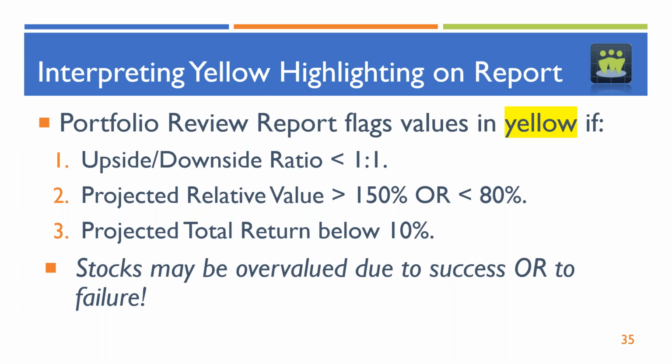We want to reduce them a little bit and have a lower expectation of a high PE in the future. The same thing on the low PE side. So the projected relative value compares the current PE to the projected PE as it's calculated using your future high and low PE ratios that you set in the stock selection guide.